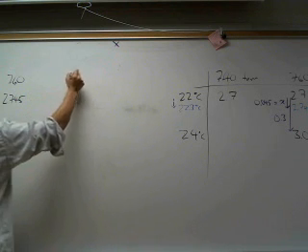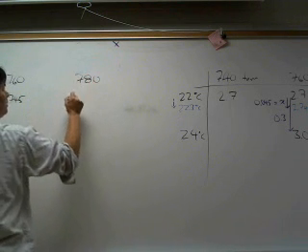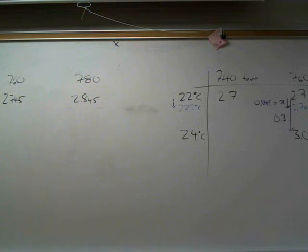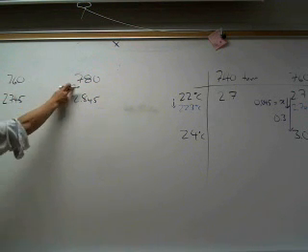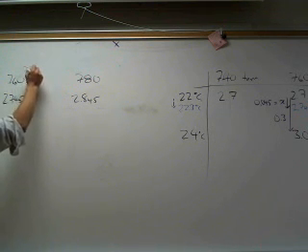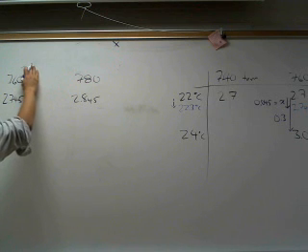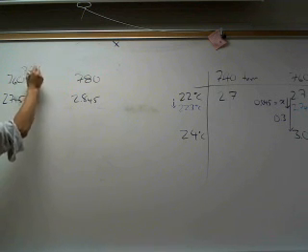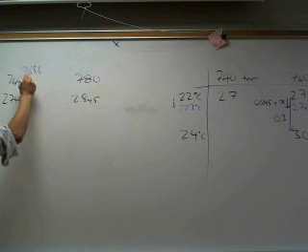The correction at 780 is 2.845. But we aren't at 760 and we aren't at 780. Where are we at? We're at 763.6. So somewhere around here.